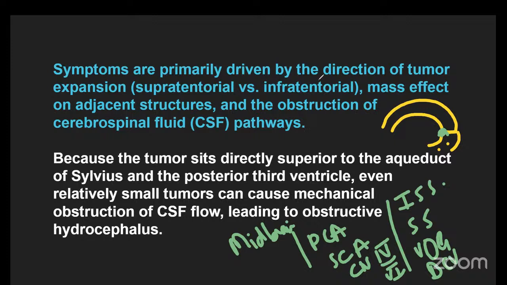So this is where the midbrain is going to be, roughly. Apart from the midbrain, we will also have the pineal gland, right? And more importantly, why is this important? Because the aqueduct of Sylvius could start here, or the third ventricle. So this is the CSF pathway as well.